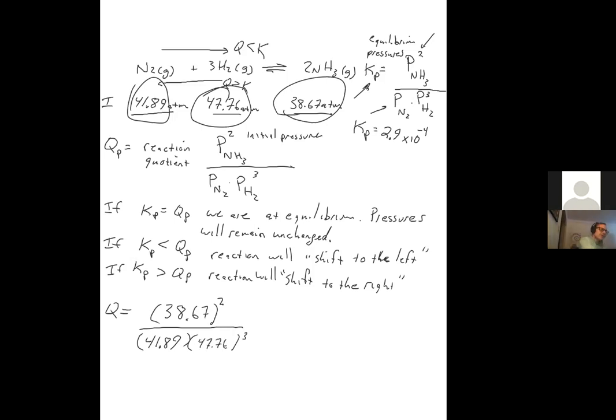Okay, so make sure you know how to do that on your calculator, right? Actually, I can probably do this on the calculator here on the computer. So it's 38.67 squared divided by 41.89 equals, and then I'm going to divide it by, again, 47.76, but now this is cubed.